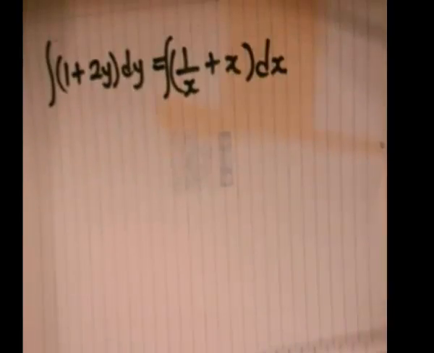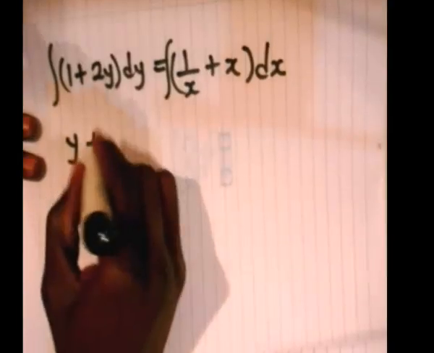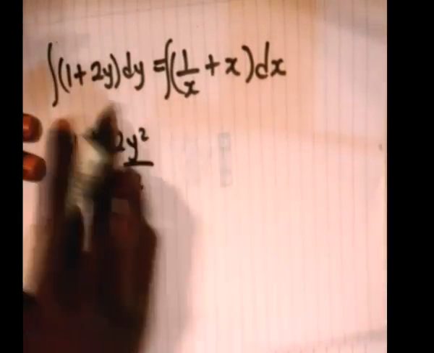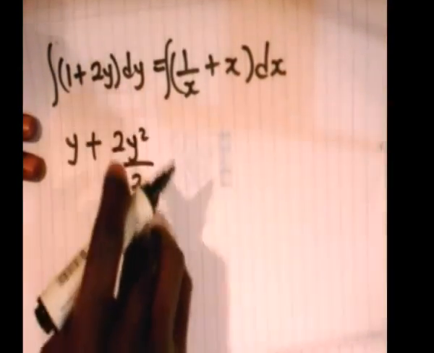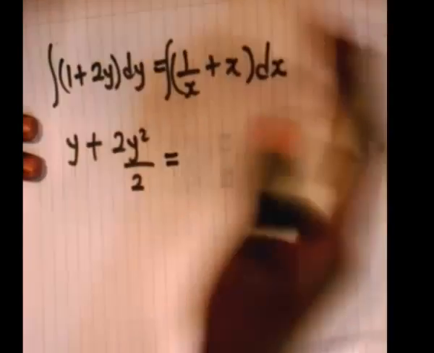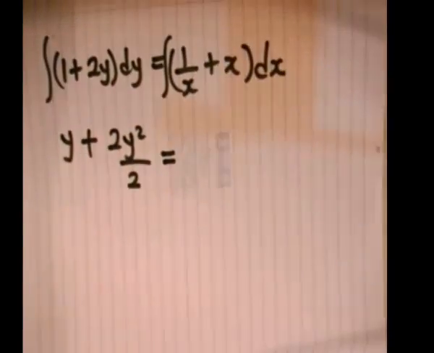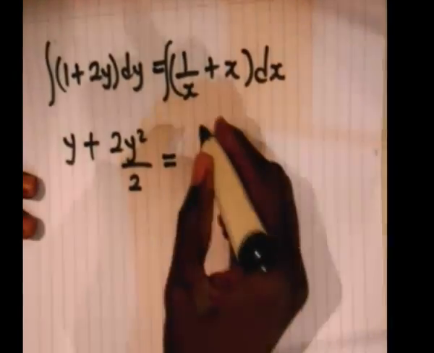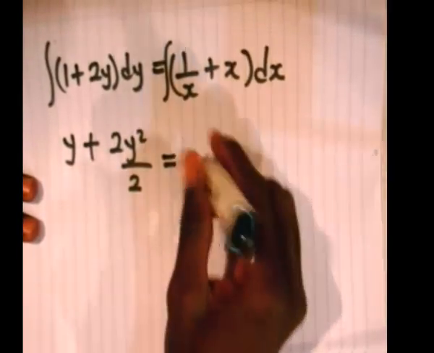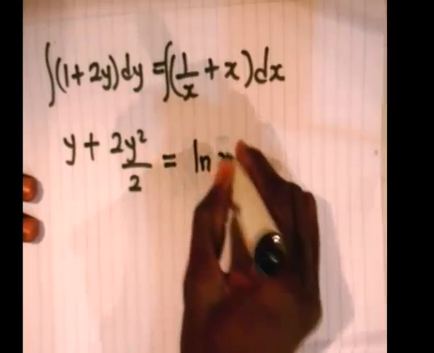When you integrate 1 with respect to y, you have y, plus this will give you 2y squared on 2. When you integrate y, you have y squared on 2. The constant will not be on this side, it will be on the x side because x is the independent variable. Here we have the integral of 1 over x with respect to x gives us ln x.